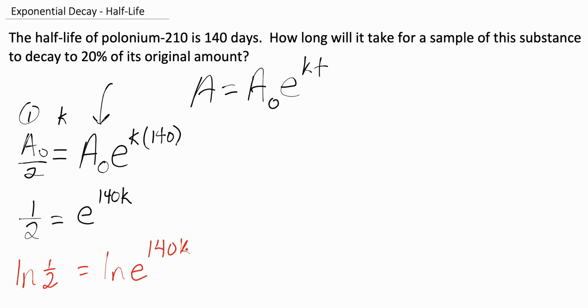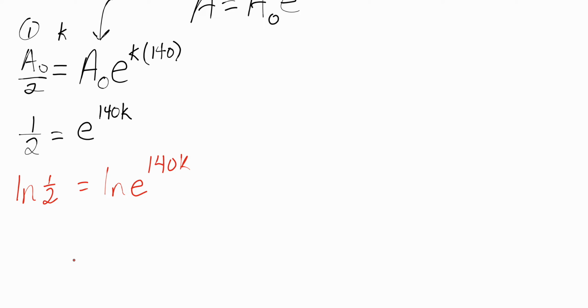Now, using whatever algebra mental gymnastics you want to use, this right-hand side, because you're taking the natural log of something that already is to base e, is just going to be left with 140k. That's our trick for getting variables out of the power into something that we can solve through more conventional means.